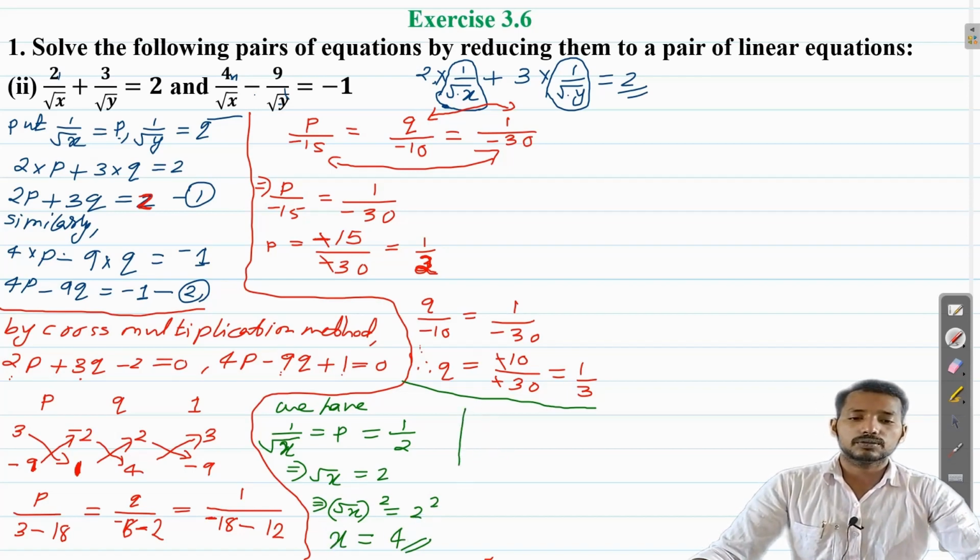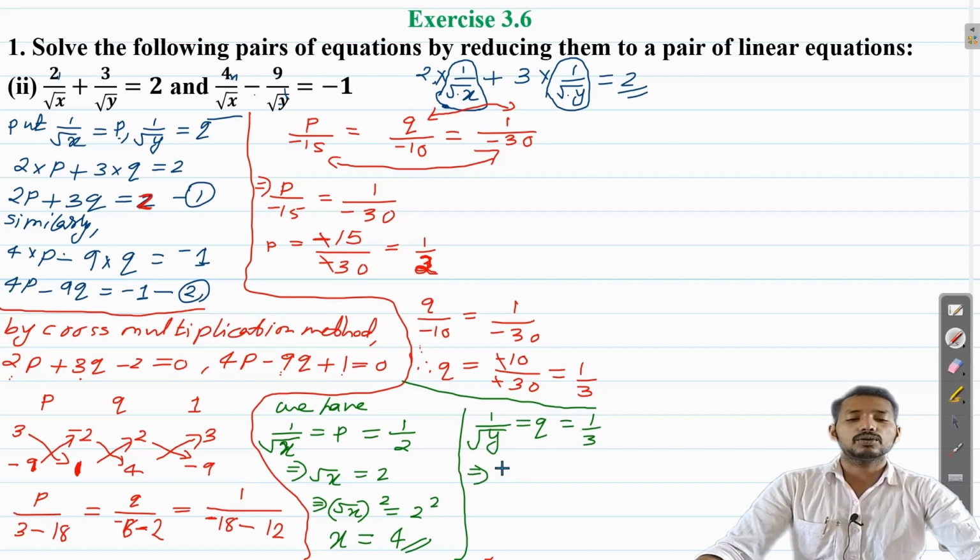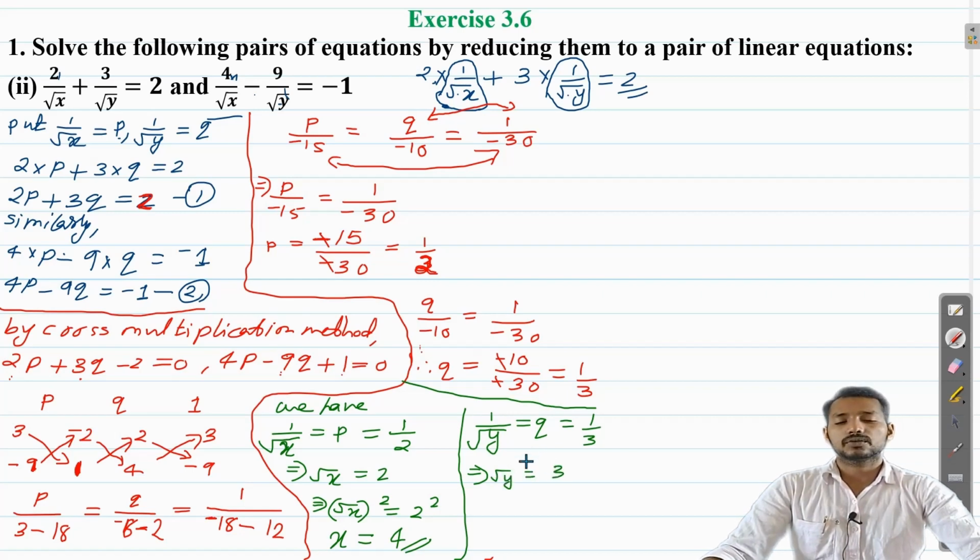Now we need to find the value of y also. So what will we get here? We know that 1 by root y is equal to q, which is equal to 1 by 3. Taking the reciprocal on both sides, root y is equal to 3.